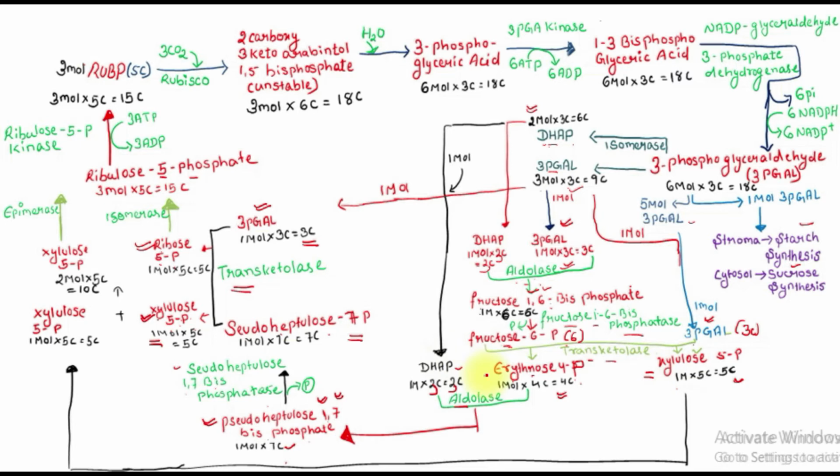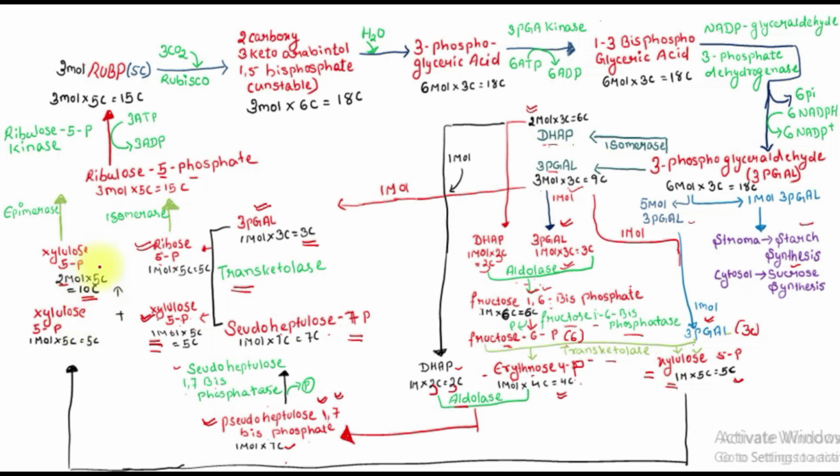This erythrose 4-phosphate has been utilized here, but this xylulose 5-phosphate is free here. It is not utilized. So from here one molecule of xylulose 5-phosphate is present and from here one molecule of xylulose 5-phosphate is present. So we are having here 2 molecules of xylulose 5-phosphate, which is a 5-carbon containing compound. So in total we have 10-carbon containing compound over here.